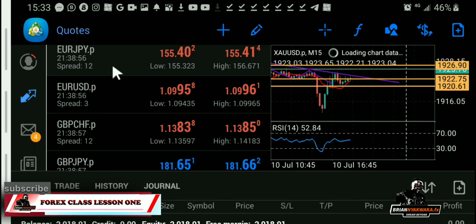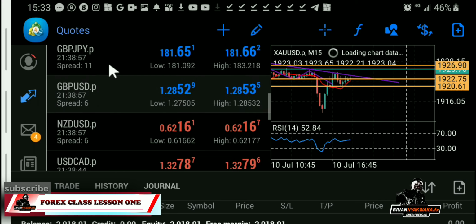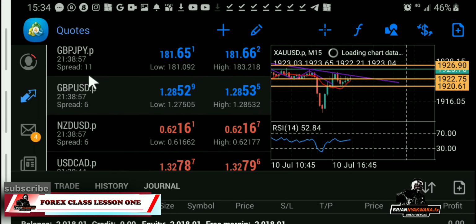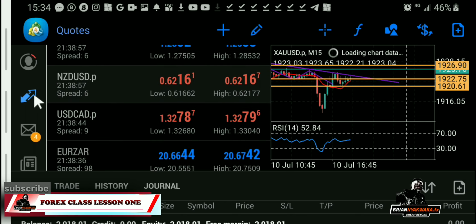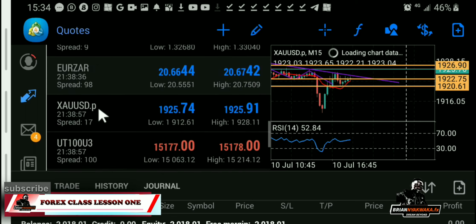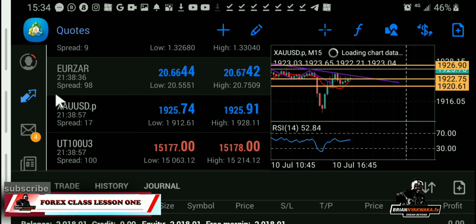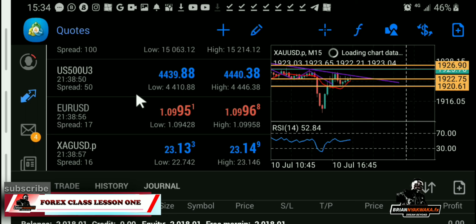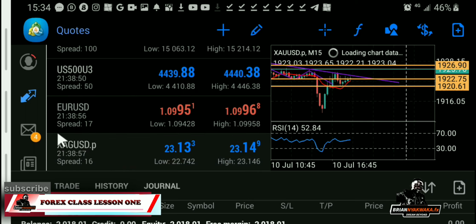This is a major pair. We have Great Britain pound paired to United States dollar. We have New Zealand dollar paired to United States dollars. We have United States dollars paired to Canadian dollar. We have gold paired to United States dollars. Those are major currency pairs. This is silver paired to United States dollar.